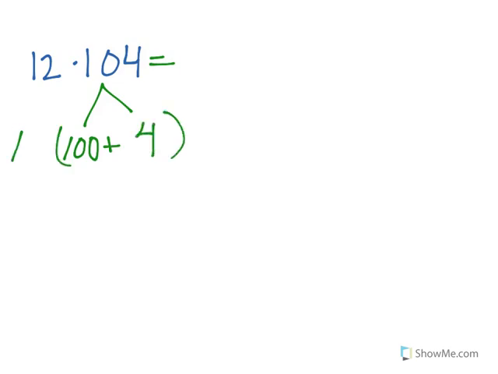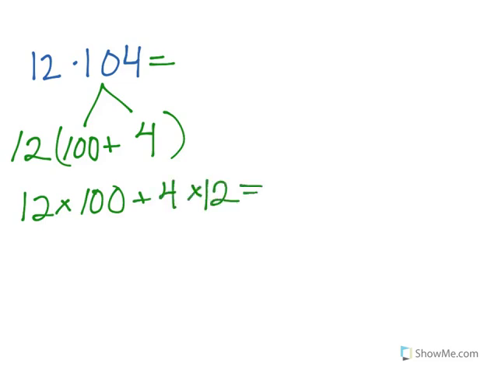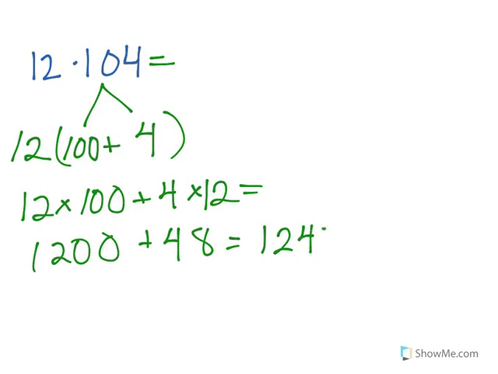And you multiply that times 12. And now, using the distributive property, you can do 12 times 100 plus 4 times 12, which is actually very easy to calculate. You get 1200 plus 48. And so your answer is 1248.